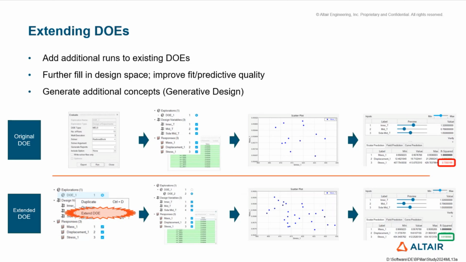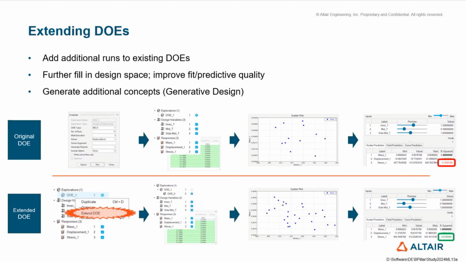The scatter plot depicts the data that you've generated, and maybe you're interested in looking at some fit results or predictive results, which is one reason you might run a DOE and study your design space. And you note that for one of the responses of interest, the fit has poor quality, or not the level of quality that you're comfortable with to make your predictions.